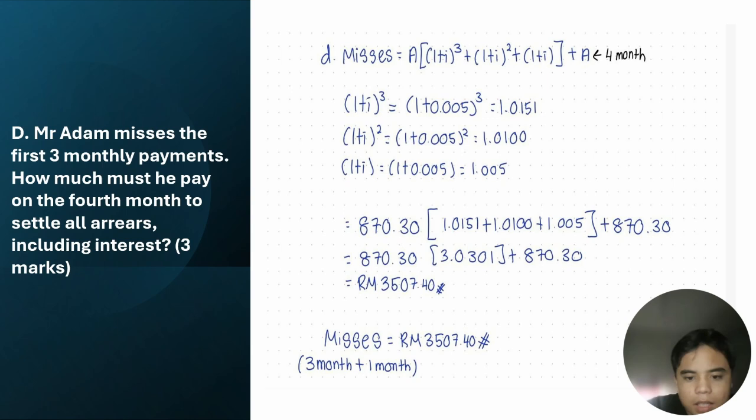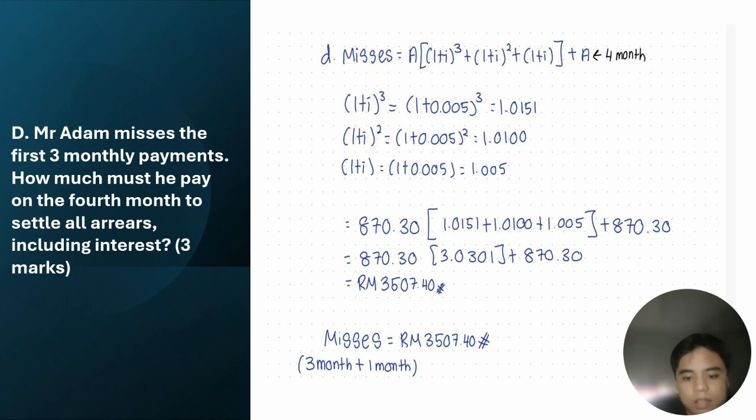For 1 plus i to the power of 3 equals 1.0151. And then for 1 plus i to the power of 2 equals 1.0100. And then for 1 plus i equals 1.005. And then you change the algebra with the numbers that we already found: 870.30, open brackets, 1.0151 plus 1.0100 plus 1.005, close the brackets, and plus 870.30.